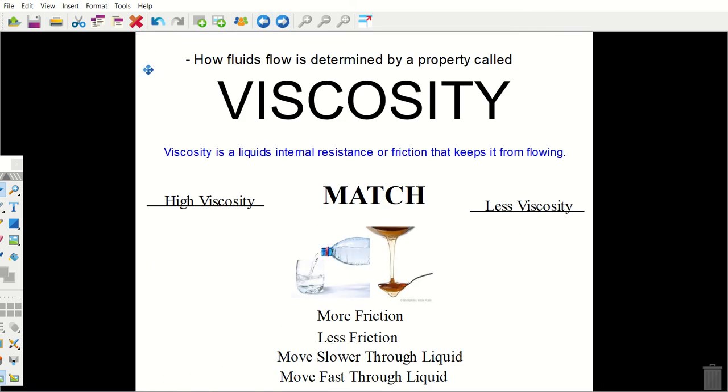And now we're looking at viscosity. How fluids flow, whether that's a gas or a liquid, is determined by something called viscosity. Viscosity is the internal resistance or friction that keeps it from flowing. If something has a lot of friction, it's hard to move across it.